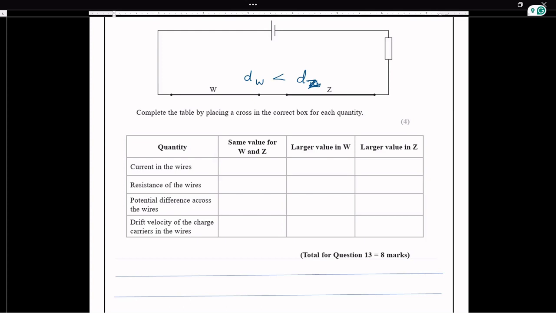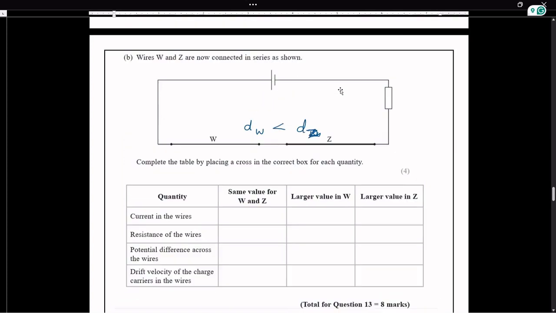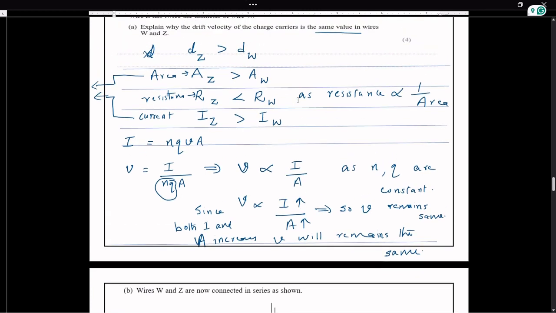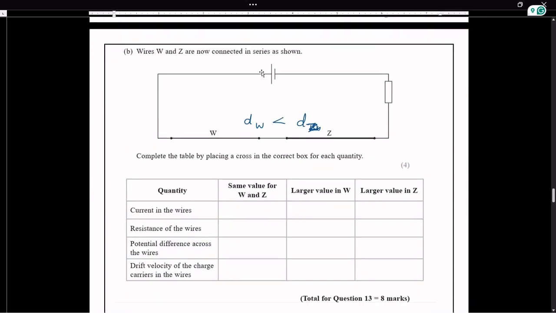So previously we have seen that for both of them, with the diameter, the area is more in Z than in W. Similarly, we see that resistance is less in Z than W. So let me write that information also.